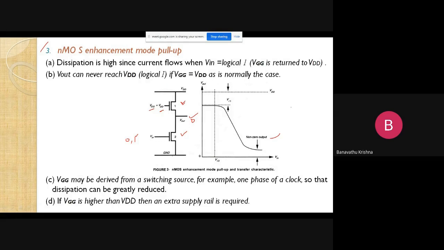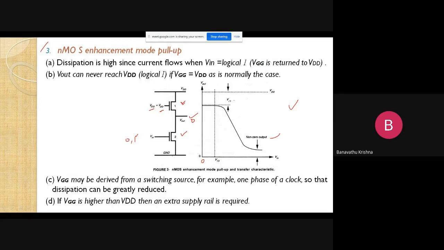And let us come to this graphical representation here. Let us observe that there is some drop in the output response whenever we apply input 0. That drop is nothing but VT1. We know that if the applied input voltage exceeds some level, that level is the threshold level.